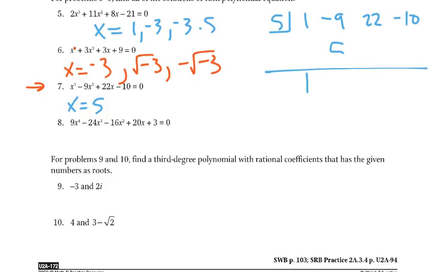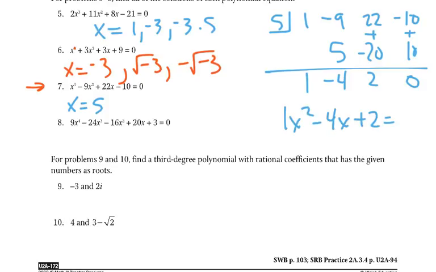Bring down the 1, we get 5, add that, negative 4, negative 20, add it, 2, we get 10, add it, and we get 0. So we have 1x squared minus 4x plus 2. Now we could try to factor that using the area model, but let's just skip to the chase and use the quadratic formula.